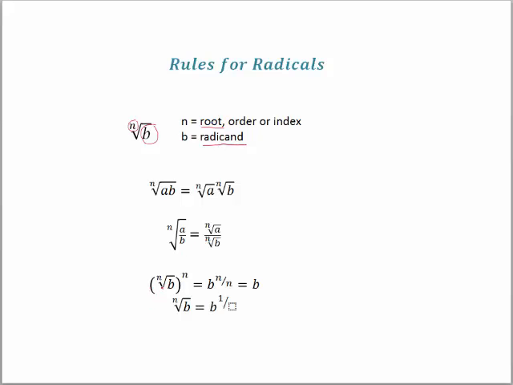Alright, this we discussed in an earlier video, but let's go over it again. We have the root of a radical raised to the same root. If this were 4, the 4th root, and it was raised to the 4th, it would equal the variable b.